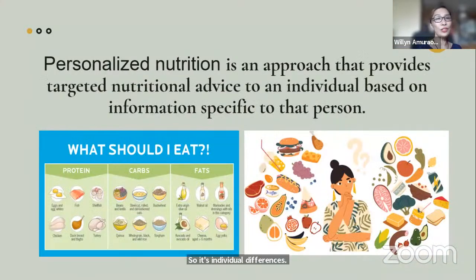So personalized nutrition. Personalized nutrition is an approach that provides targeted nutritional advice to an individual based on information specific to that person. So as you can see, the question is, what should I eat? Nowadays, in the new generation, there are so many things called personalized.